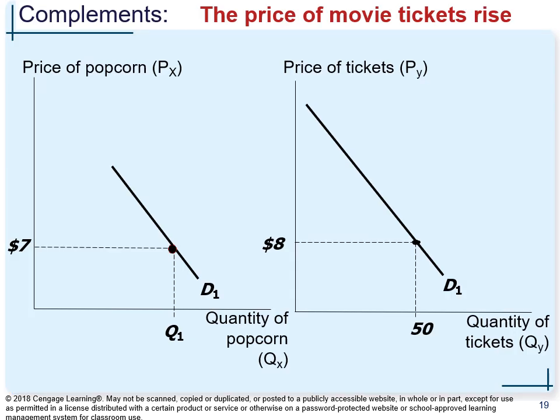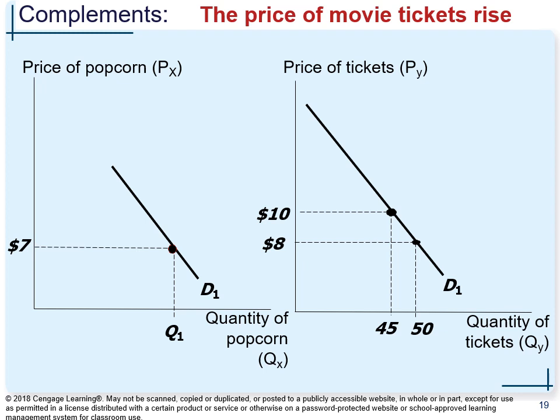Here's the graphical analysis of changes in demand due to changes in the price of a complement. Let's suppose that we have an increase in the price of movie tickets. We have the demand for movie tickets on the right, and the demand for popcorn on the left. Suppose that the price of movie tickets goes up, say from $8 to $10. The law of demand says that the quantity demanded for movie tickets is going to fall, as shown here.